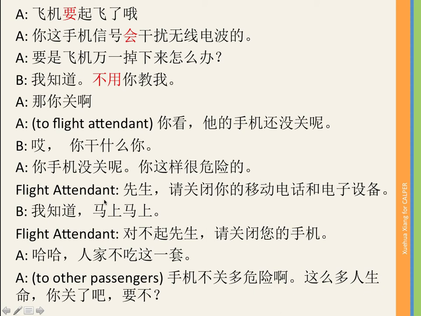And the flight attendant gets very official and says, 先生 Mr. 请关闭你的移动电话和电子设备 This is a formal register, polite expression. Please shut off your mobile phone and electronic devices. The businessman says, 我知道，马上。He's trying to buy some time.